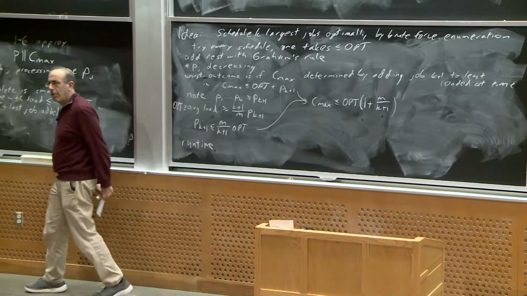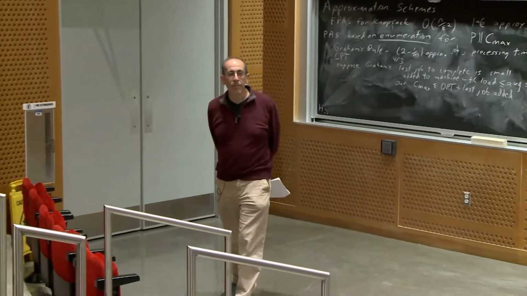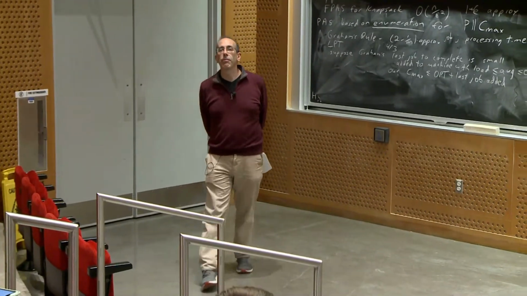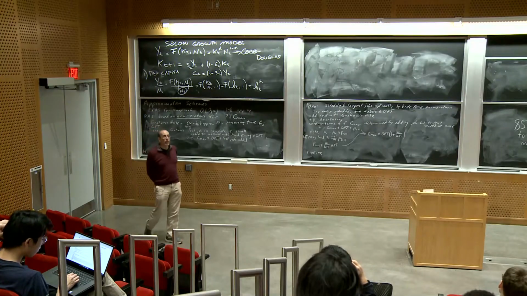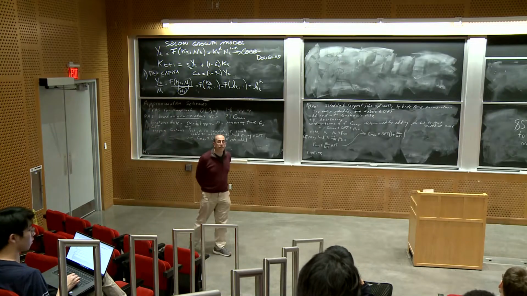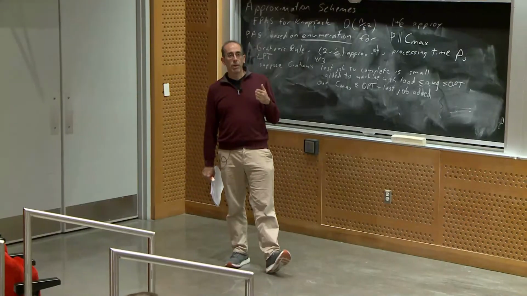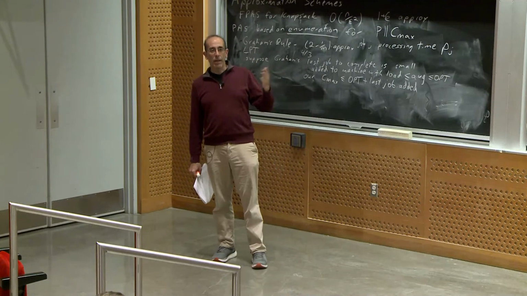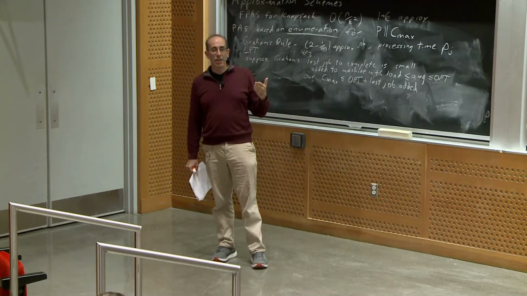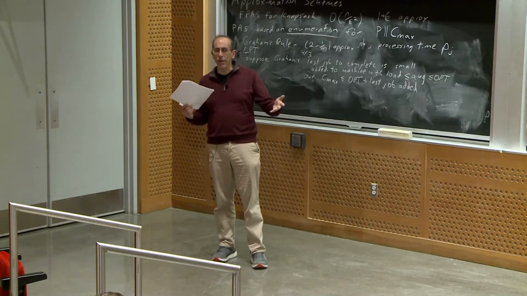So how long does it take for us to brute force all possible solutions? m to the k, how come? Exactly. For each job, we have to pick a machine ID. So we have k jobs, and each of them there are m choices. You can save a little bit by recognizing that there are symmetries, right?